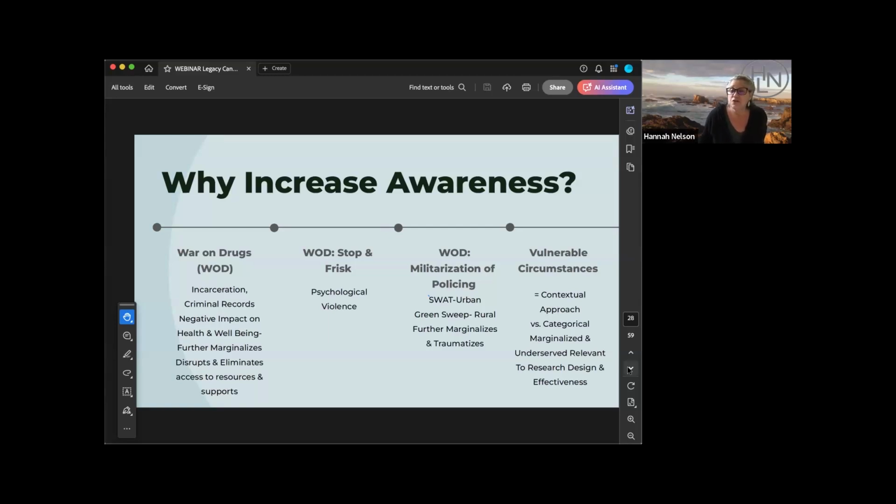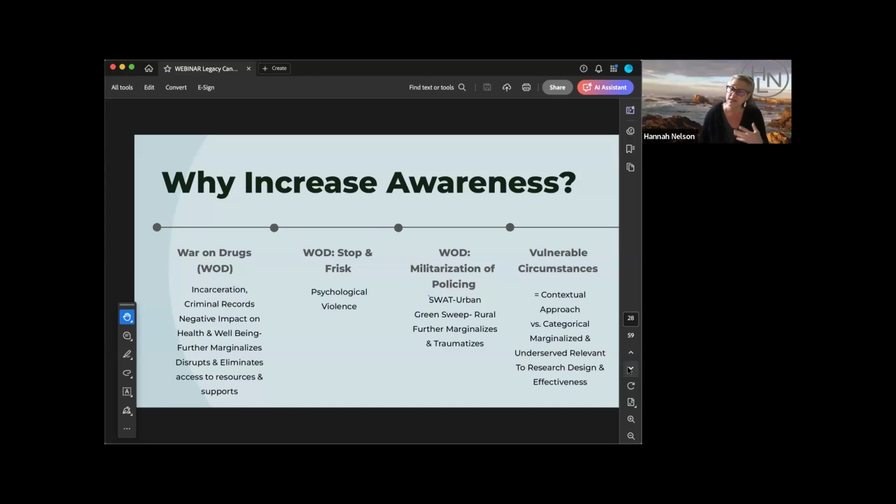Researchers have long understood it's important to design research projects keeping in mind vulnerable people as a category, but more recently, the importance of recognizing contextual vulnerability has been appreciated as a more effective method to use when designing and implementing research.